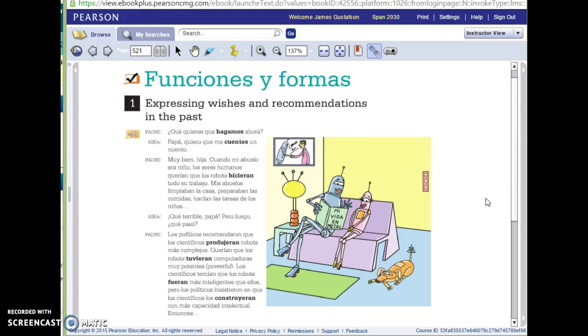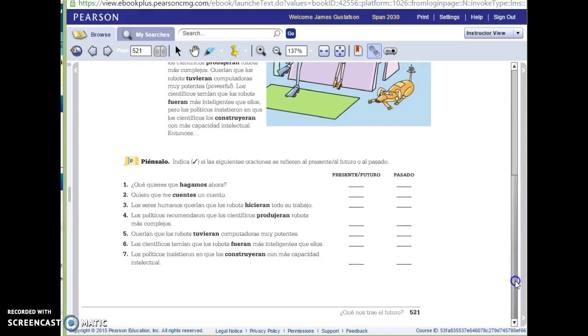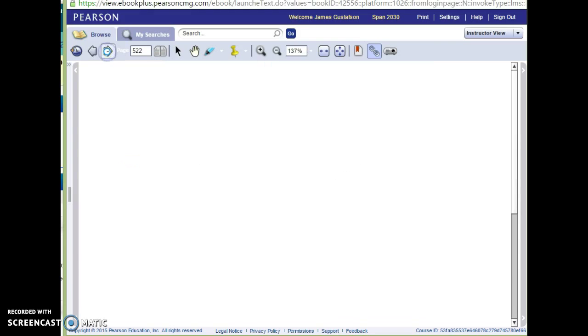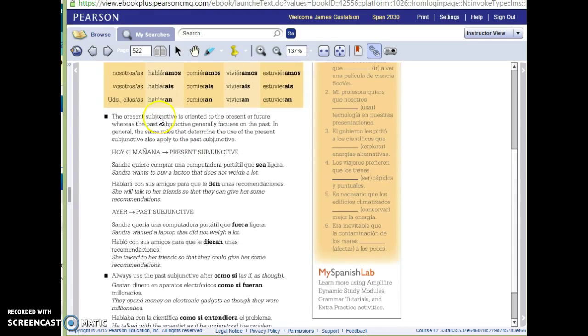Alright, so second part of chapter 15, and we had left off with the past subjunctive, also called the imperfect subjunctive, and we learned how to form those, which is explained here and on the next page.